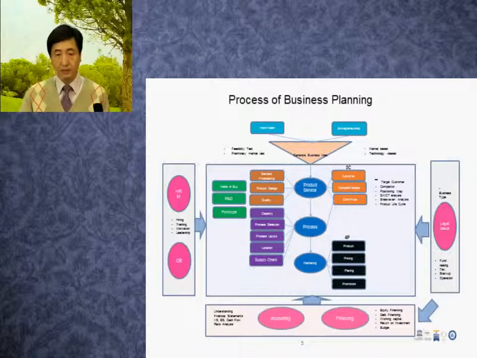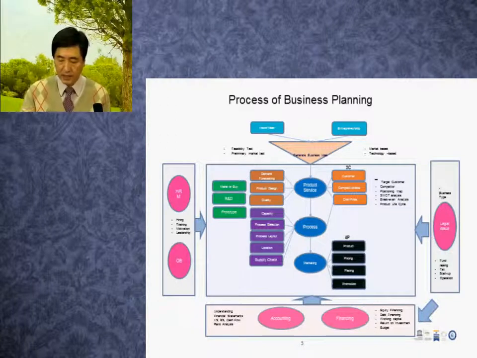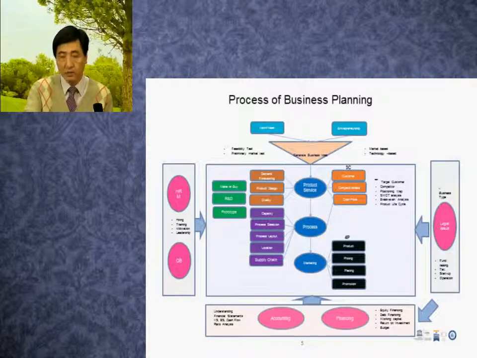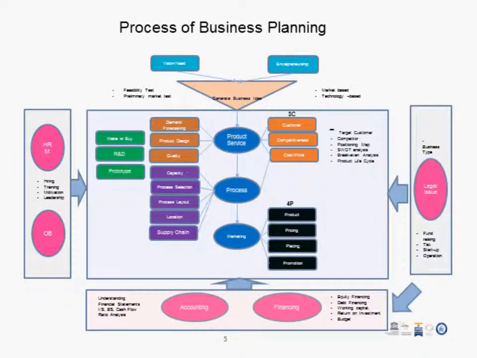This diagram explains the whole business plan. At the beginning, you will start to generate business ideas. When you have a business idea, then you will develop your product design. When you develop product design, you need to consider lots of marketing concepts like the 3 C's: competitors, cost, and your product core competence, and so on.